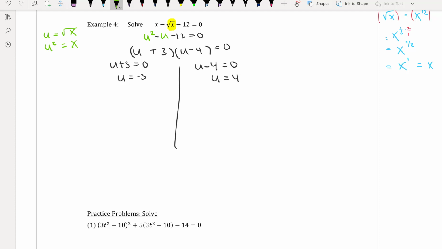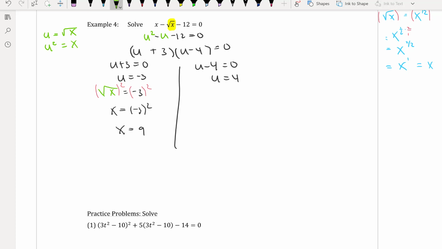So now with that back substitution, really that u value is the square root of x equal to -3. So I am going to square it. Now I get that x is equal to -3 squared, so x is equal to +9.